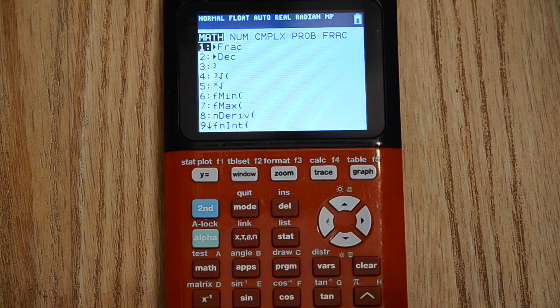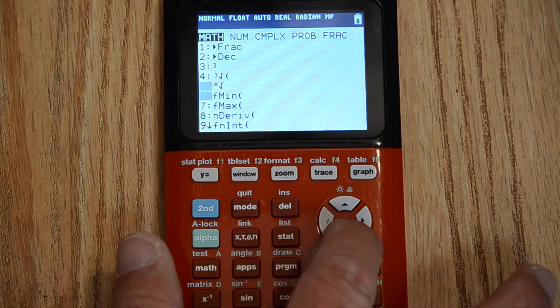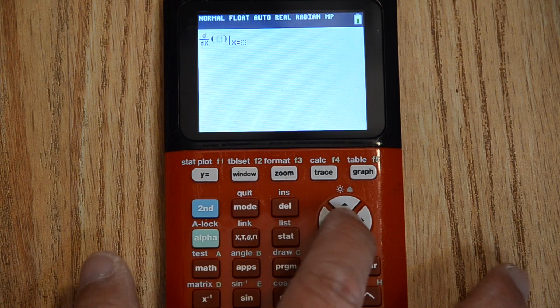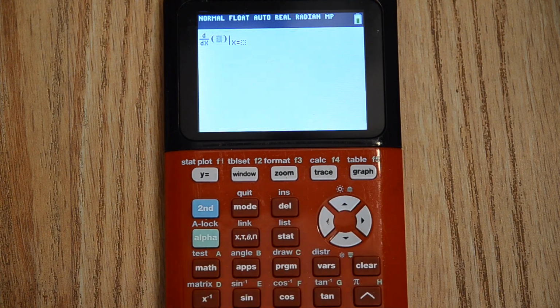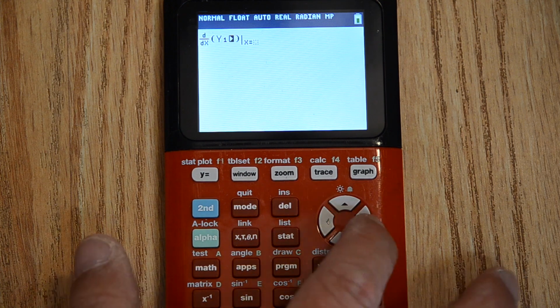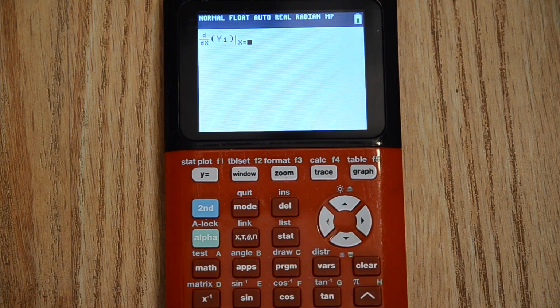I'm going to go to math, ask it to do a numerical derivative. That's with respect to x. And we just put that function into y sub 1. So alpha trace, select 1, and we want that derivative when x is equal to, or t is equal to 3. And that is where the negative 2.118 came from that we put on the board.